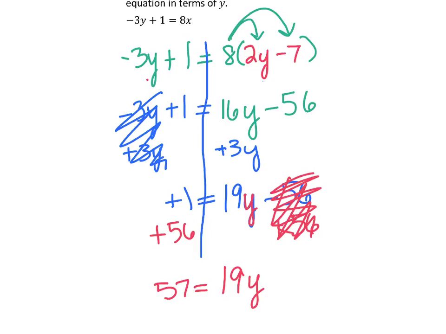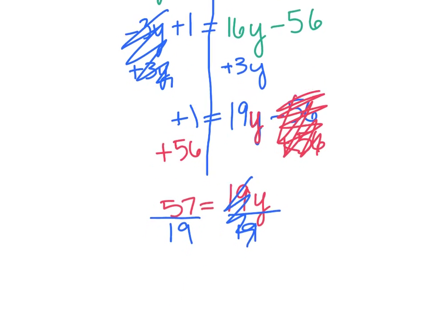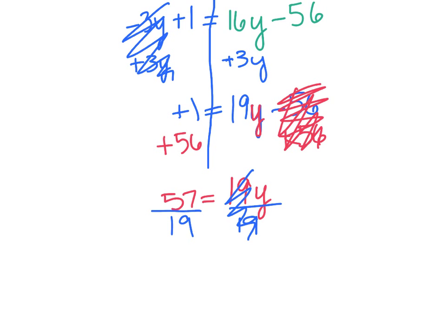Now we have 19 times y, and we want to cancel out that times 19. The opposite of multiplying by 19 is to divide by 19. So we're going to divide both sides by 19. This will cancel everything out, and we will be left with 57 divided by 19 is 3. So 3 equals y. And that is the answer.